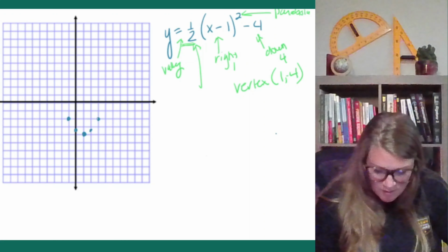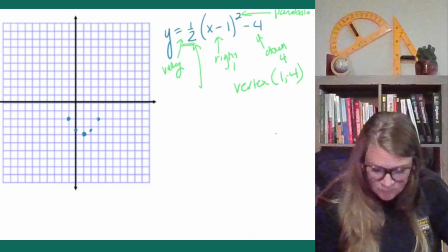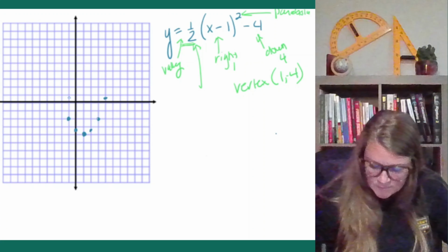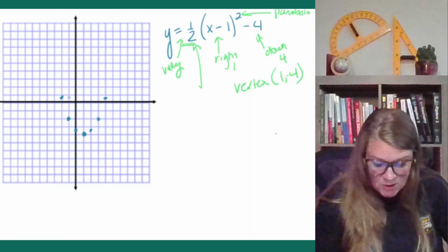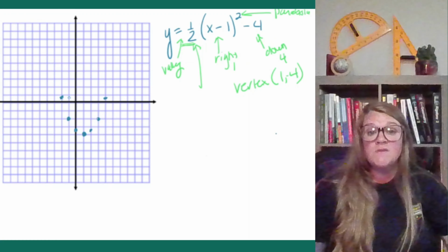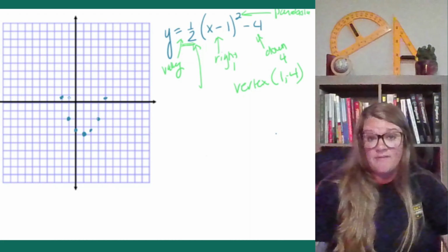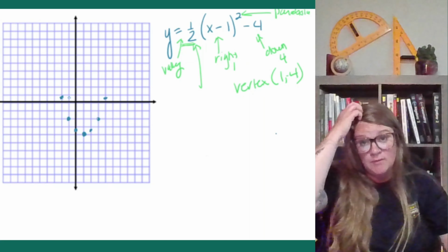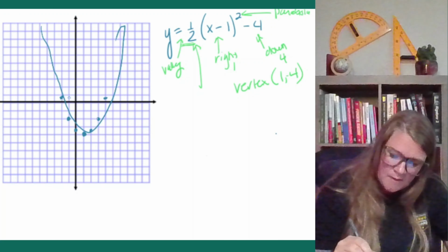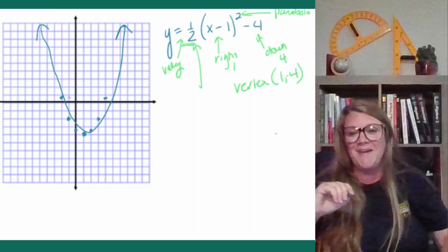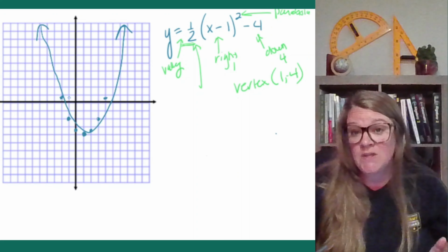Up 4.5. 1, 2, 3, 4.5 right here. And right there. There we go. So there's 7 points for us that are on my parabola, and my last step can just be to connect them. And hopefully you connected yours better than mine, because mine does not look very good, but you get the idea.